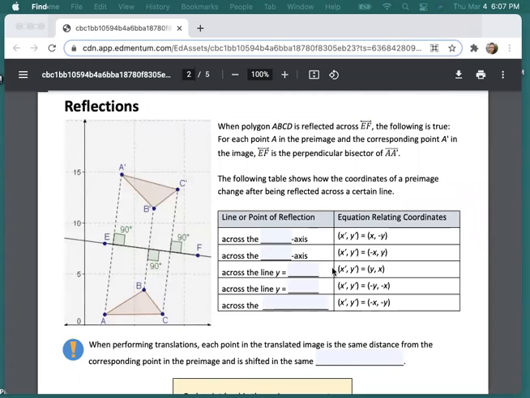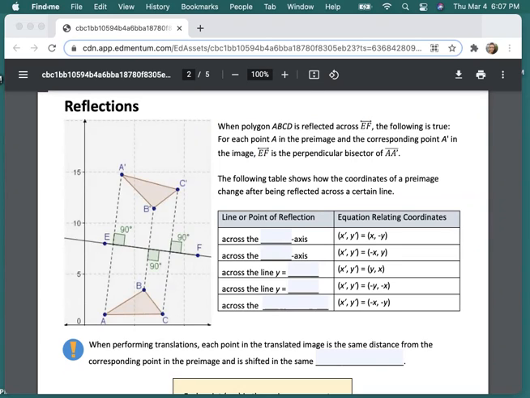So all of the points are going to move the same distance from each other. Okay, so a reflection: there is a line right here, EF, and it goes through the middle of the drawing. It's kind of diagonal. And it says that the triangles are reflected across that line.